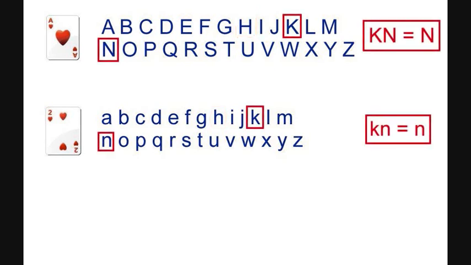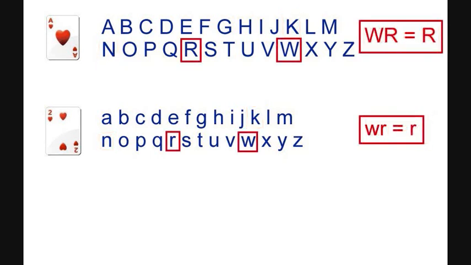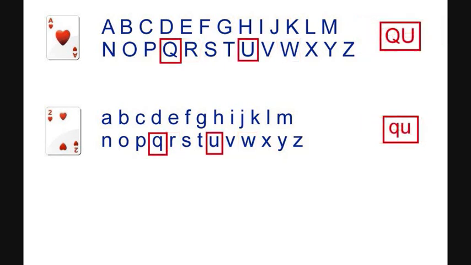If a word starts with the letters K and N, the K is silent, so the sound is N. In the same way, if a word starts with the letters W and R, the W is silent, so the sound is R. The letter Q is always followed by the letter U. Together they make the sound Qu.